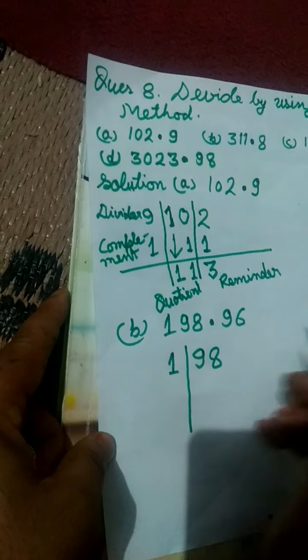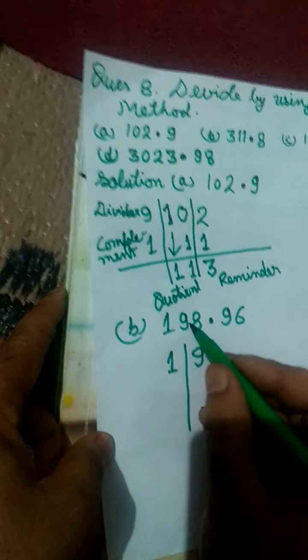Why 98 is here? Because the divider is a 2-digit number, the dividend will break into two parts.